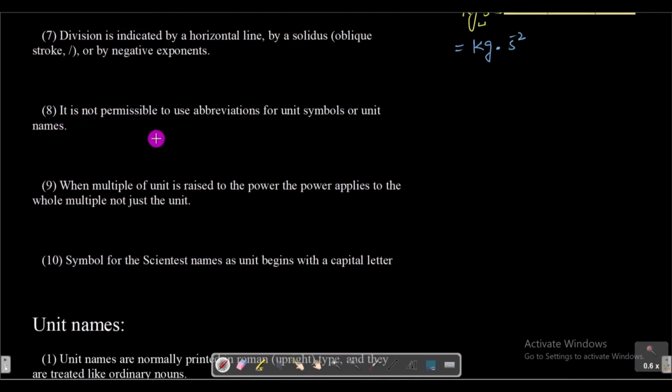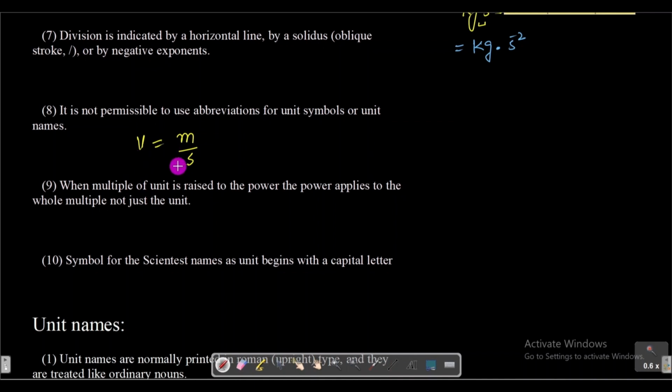It is not permissible to use abbreviations for the unit symbols or the unit names. It means that if we say velocity is equal to meter per second, you will not show the abbreviation as v is equal to m by s.